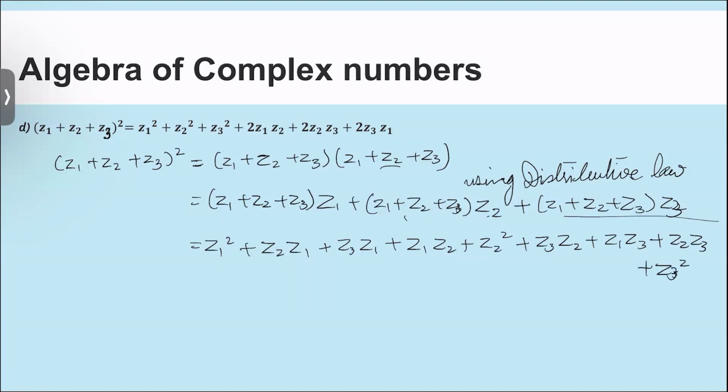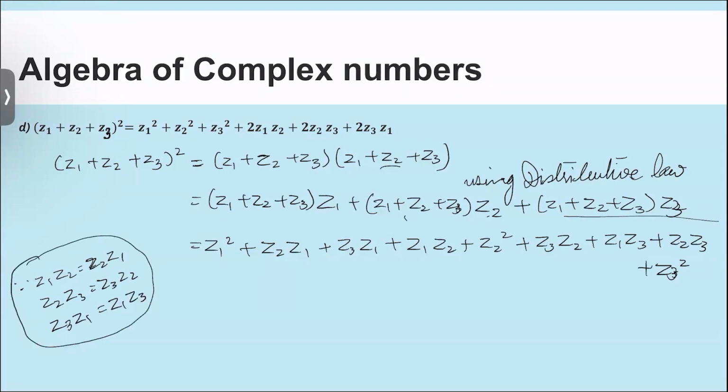Okay. Now, since we already know that Z1 Z2 is equal to Z2 Z1, and similarly Z2 Z3 is equal to Z3 Z2, and Z3 Z1 is equal to Z1 Z3. Okay, so this is based on the commutative law for when we find the product of complex numbers.